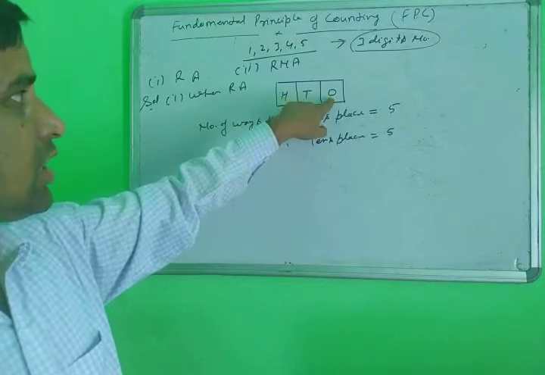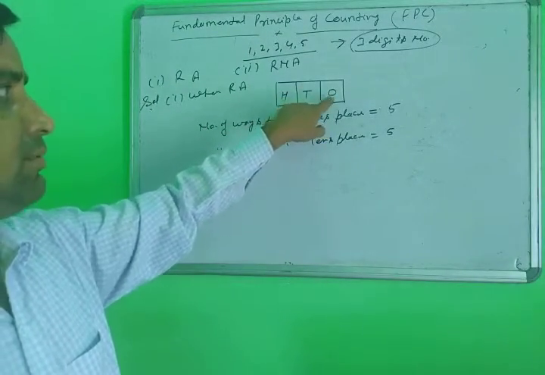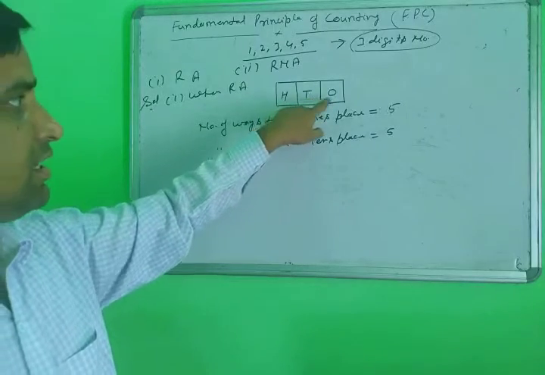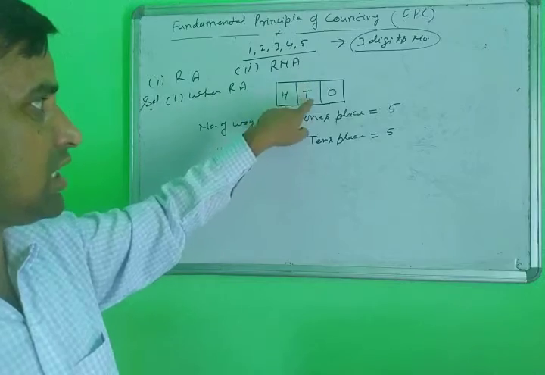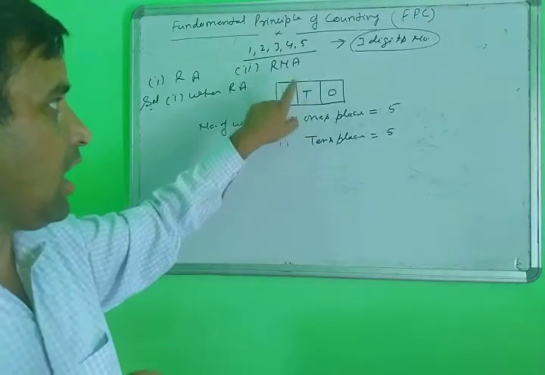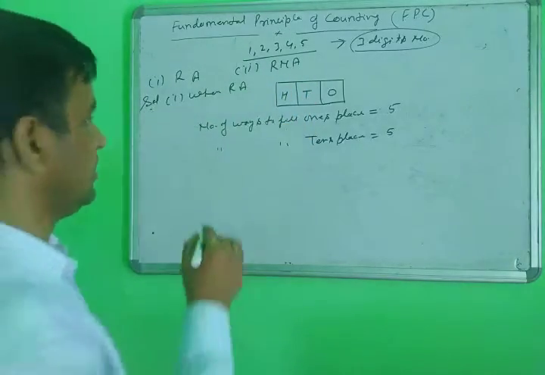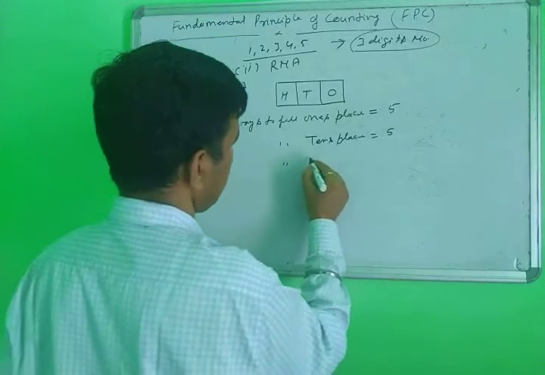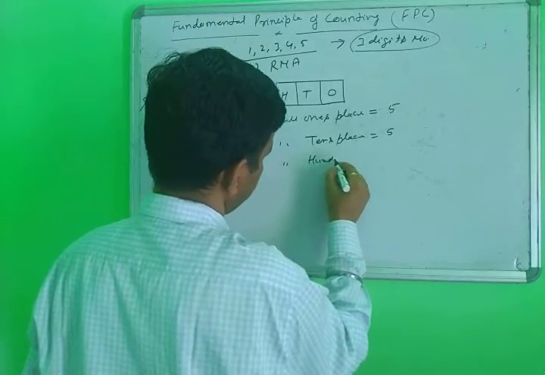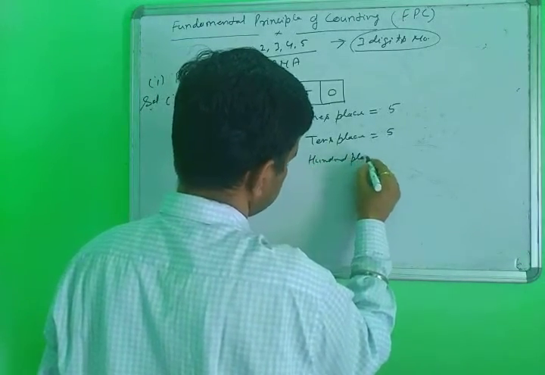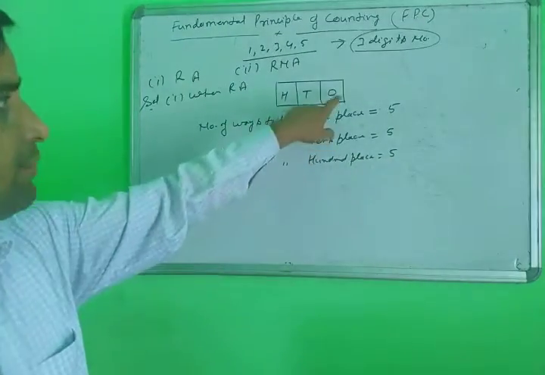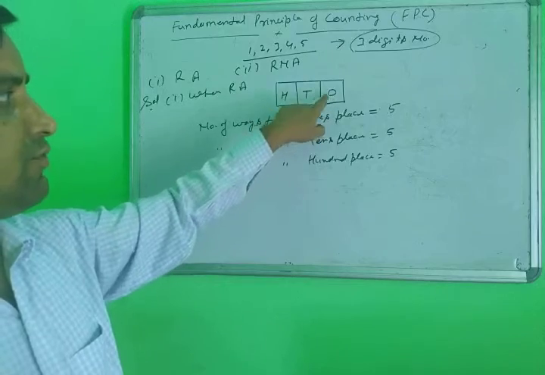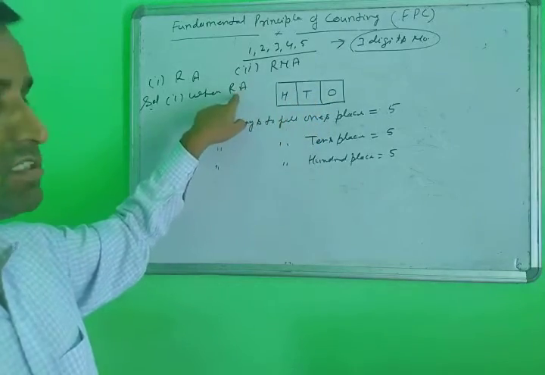Suppose you use 1, 2, 3 for a digit, the same digit can be repeated, so this place can be filled in 5 ways. The hundreds place is also 5 ways. Every place is 5 ways, because repetition is allowed.